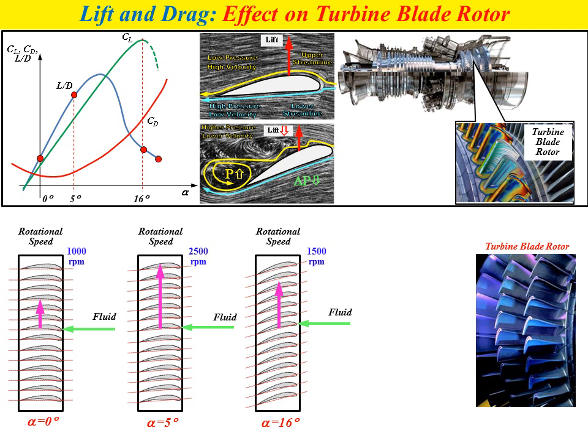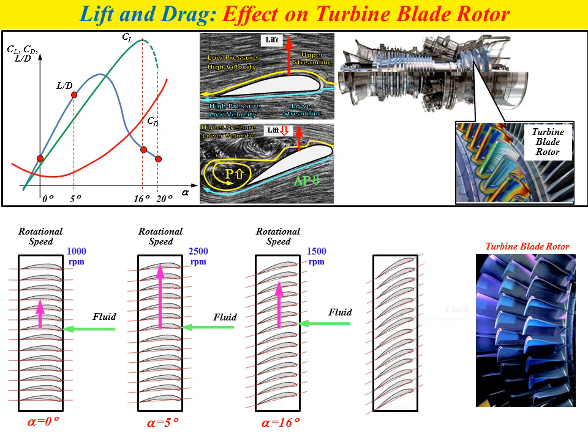When we increase alpha further, to alpha equal to 20 degrees, this angle is greater than the critical angle. At this condition, CL reduces and we will have a higher value of CD. Probably at this condition we will have a more separated flow region that causes a lot of losses.